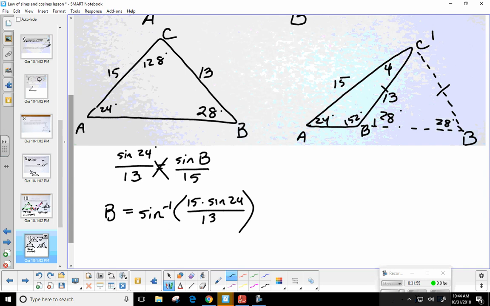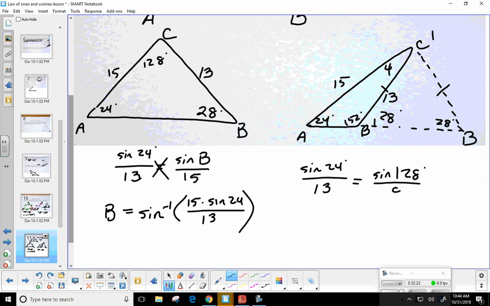And what is the only thing left for these triangles? Yeah, all you got to do is go ahead and find little c and little c prime. So if I want to set up a proportion to help me find c, I'd probably say something like sine of 24 degrees over 13 is equal to, now we're trying to find c, so I have to use angle c, sine of 128 over c. So somebody help me out.